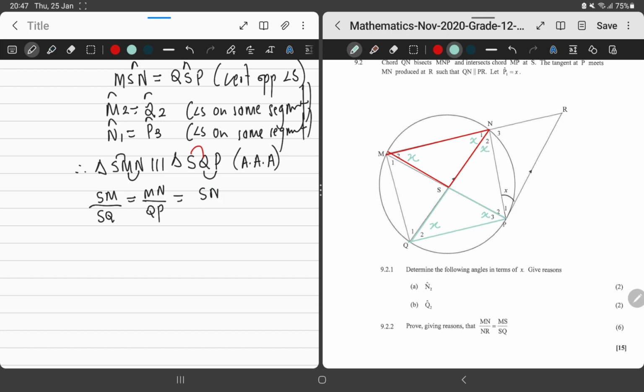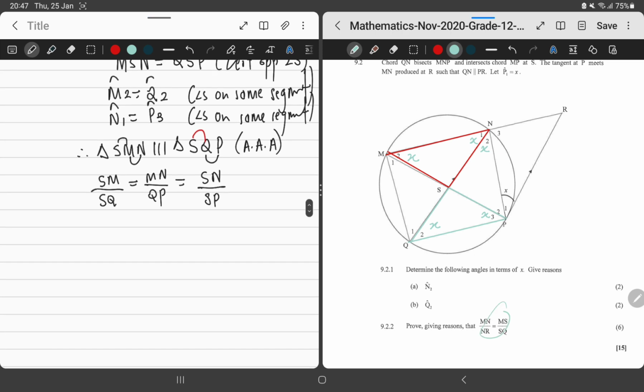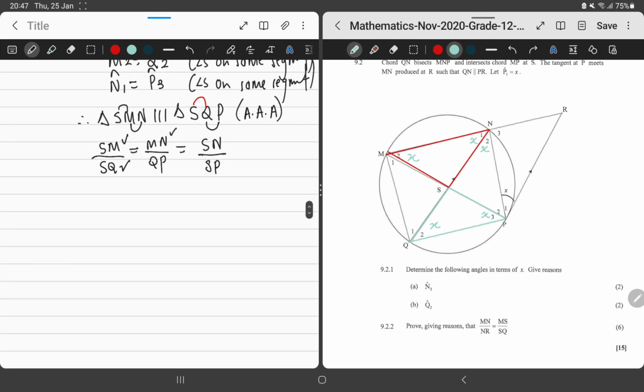Then we check that. We have MN over, we don't have QP, okay. And then we have MS over SQ. So it means that MN over QP should be equal to SM over SQ. And this is because of similar triangles.